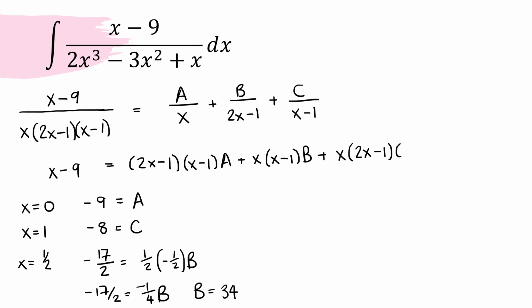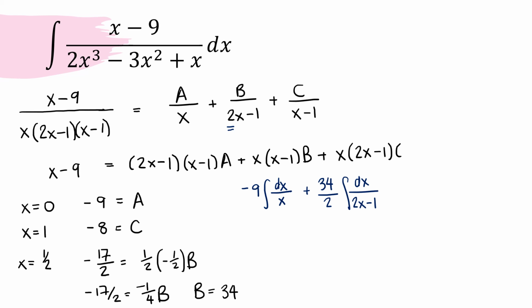Okay, let's build our integration. So we're going to have negative 9 times the integral of dx over x. Oh, we got to go to b first, plus 34. And I'm going to put this one over 2 because notice that in the denominator, the little linear thing has a 2 in front of it. So 34 over 2 times the integral of dx over 2x minus 1.